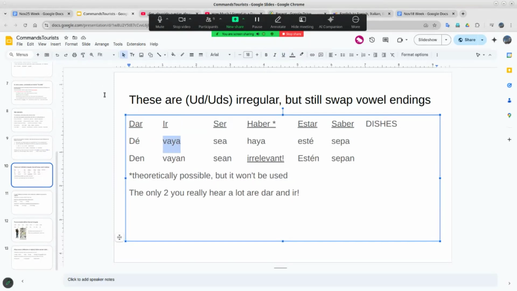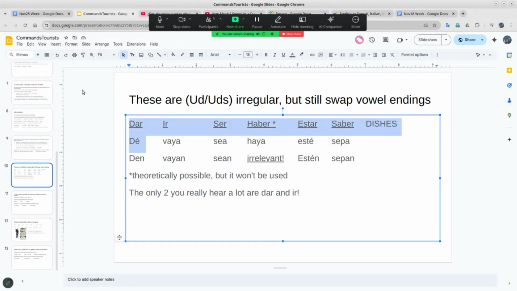Similarly, the ir command for usted is vaya. The ir command for ustedes is vayan. They kind of look like voy, kind of. They have some similar letters, but ir is an IR verb, yeah, and it uses an a at the end. Dar is an AR verb, and it uses the opposite vowel at the end.